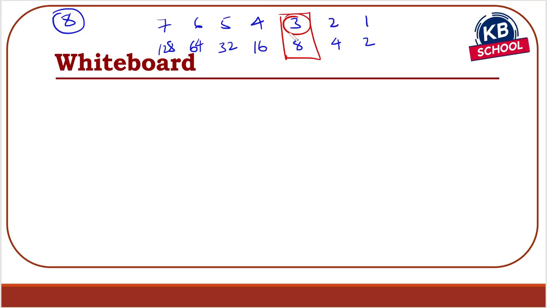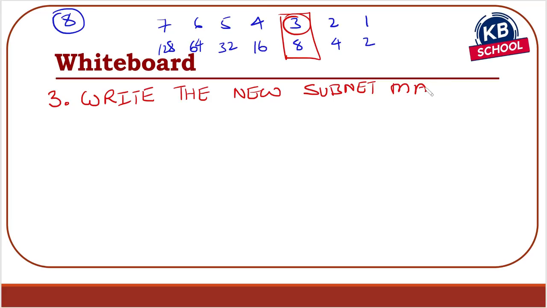Now once I figure that out, my third thing that I need to do over here is write the new subnet mask, because now the number of bits that represent my network portion has changed.